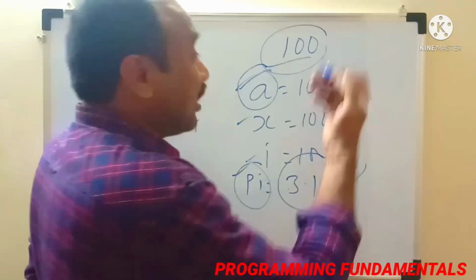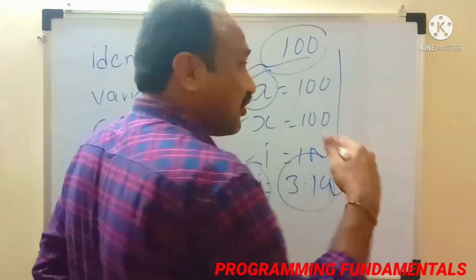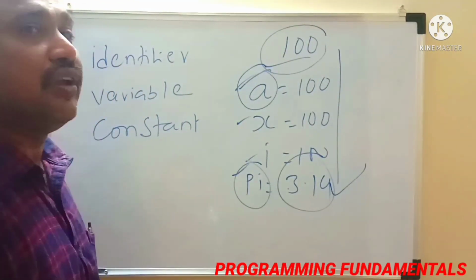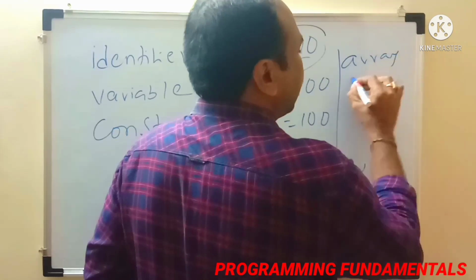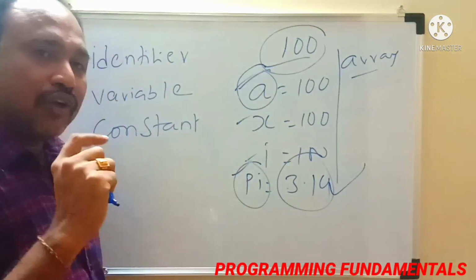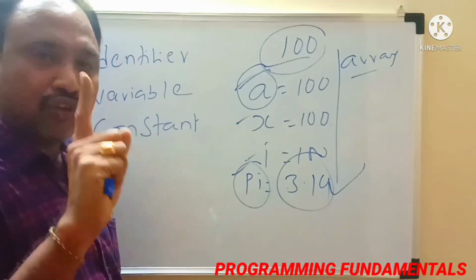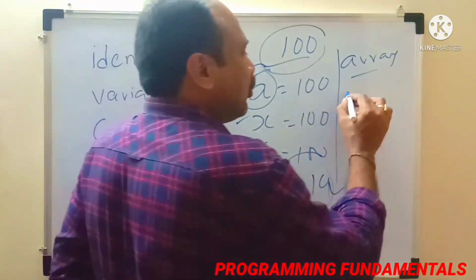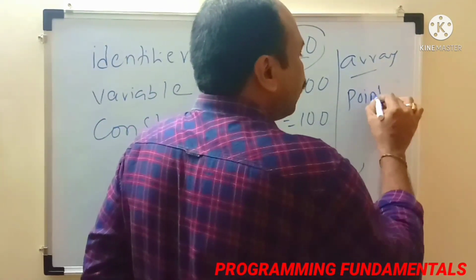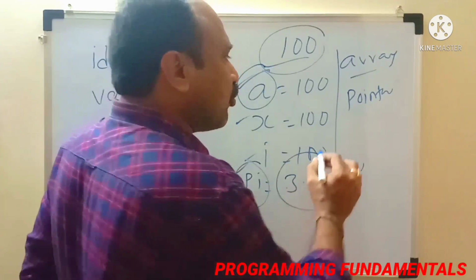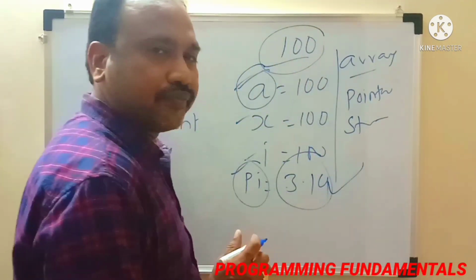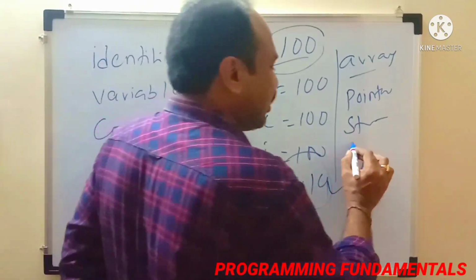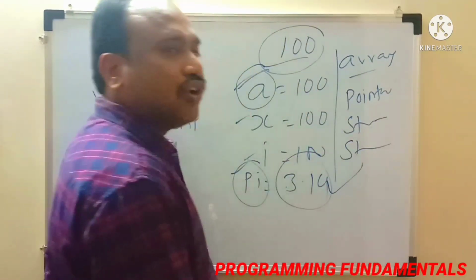In the same way, while discussing concepts in C language, we have the arrays concept. When you are going to work with an array, we have to give a name to that array. When you are going to use a pointer, we have to give a name to the pointer. When you are going to work with strings, we have to assign a name to the string. When you are going to work with a structure, we have to assign a name to the structure.